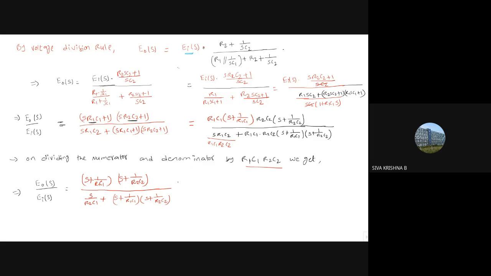And if you want, you can multiply this and then you will get some equation. That is S plus 1 by R1C1 into S plus 1 by R2C2. Just multiply these two terms now, that becomes a second order equation, right? After doing all those things, S square plus S into, try to multiply this term and then multiply these two product terms.